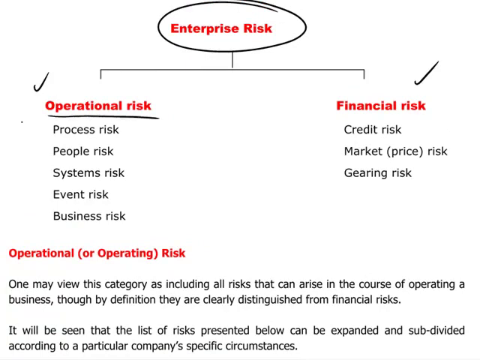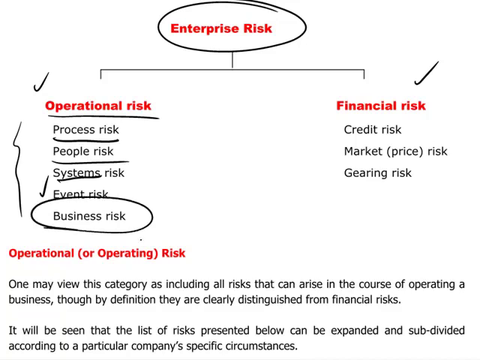On the operational side, these are categories that most people can identify with because they have to do with the everyday sorts of things that happen within companies: systems breaking down, people possibly committing fraud or making mistakes on the job, processes being defective, events which may or may not be beyond the control of the company itself, and of course general business risks relating to the markets that a company is exposed to, the competitive situation, what the demand is for the product of the company, and so on.